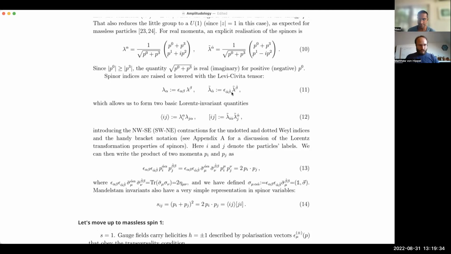But certainly, I think people are curious now about whether there are ways to resurrect the old analytic S-matrix program using more recent mathematics, using better ways to look into these things.